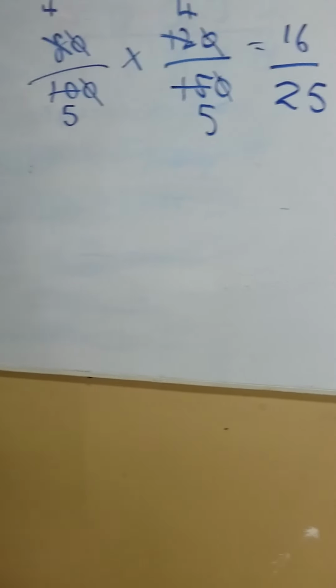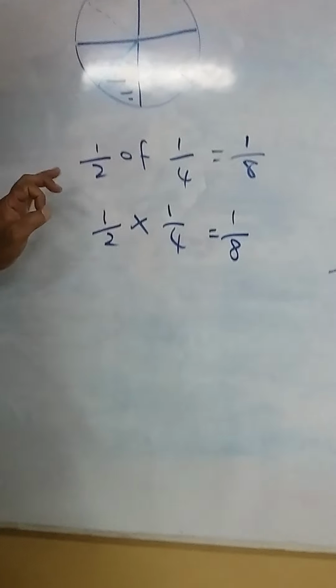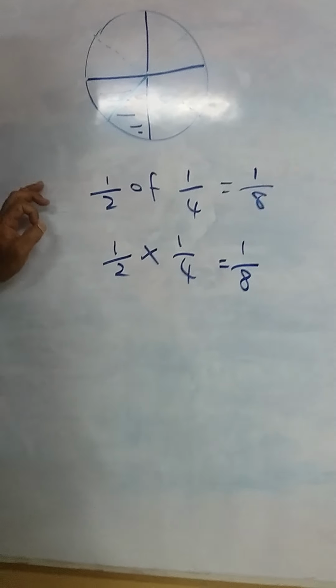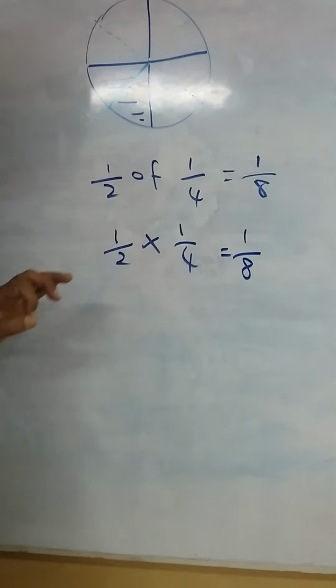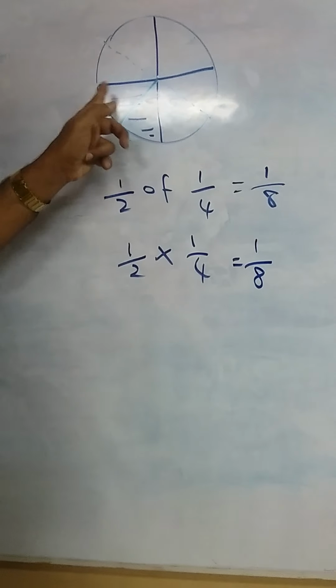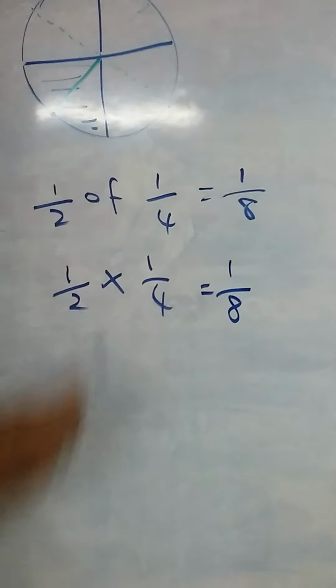So let us recap. We would have said that the whole idea of multiplying fractions would have come from when we are talking about finding a fraction of another fraction, or sometimes we have to find a fraction of a quantity. We would have had a whole, and the whole was divided into quarters originally, and we wanted to find out 1/2 of a quarter.